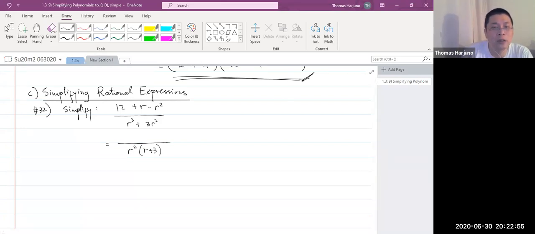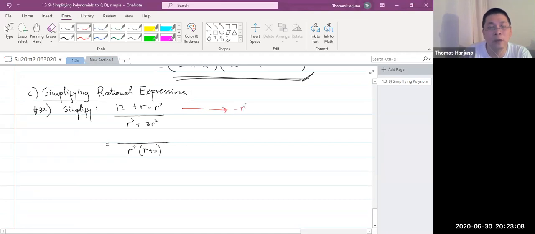Now, the numerator, there are two ways to factor it. Either you factor it directly. If you can do it, go ahead if you want to factor it directly. Or you factor the negative and rearrange first. Okay, so for example, if you want to rearrange that first, negative r squared plus r plus 12, and then factor the negative.